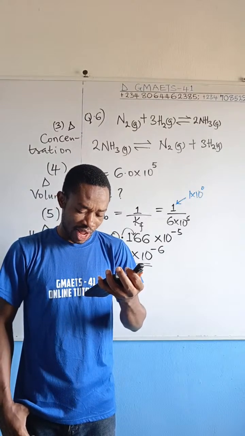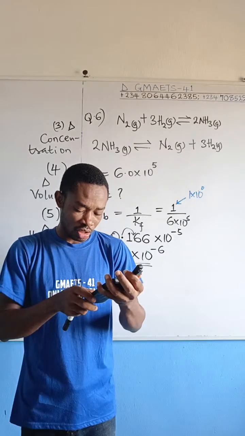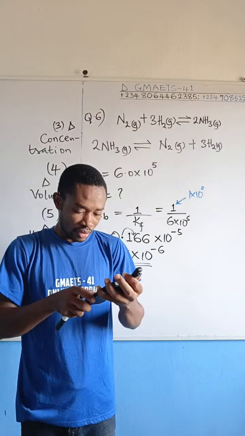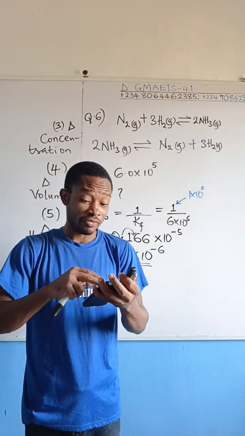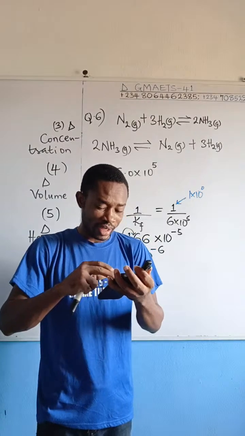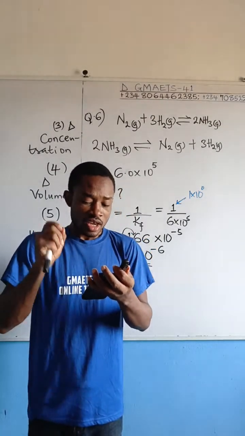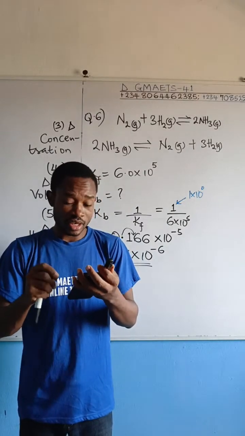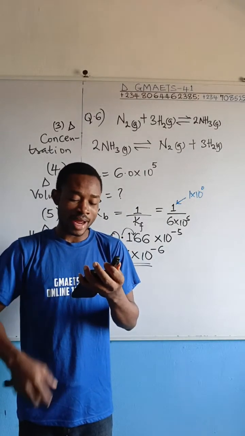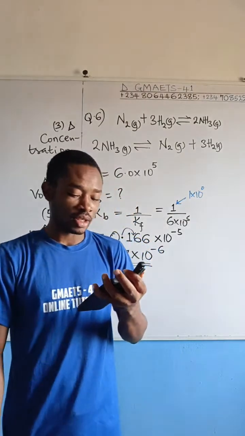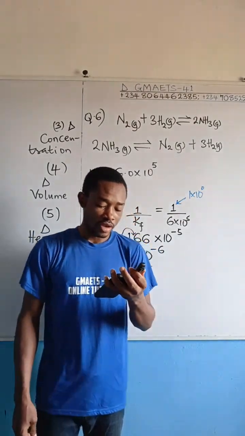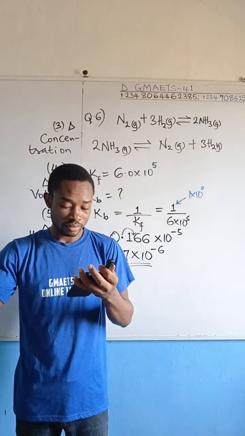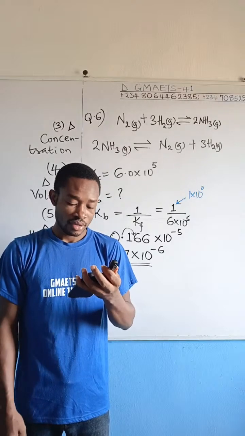Peace. Sir, please, I still don't understand question number 5. Question number 5. Say you still do not understand question 5. Okay, I think I'll go back a little. That question 5 asked, if a catalyst is added to a system at equilibrium and the temperature and pressure remain constant, there will be no effect on the, all right?